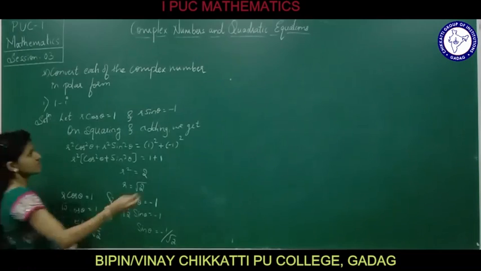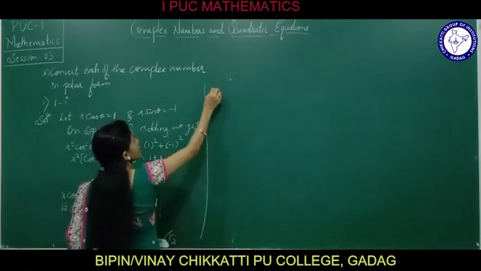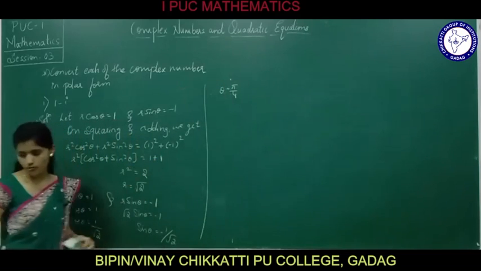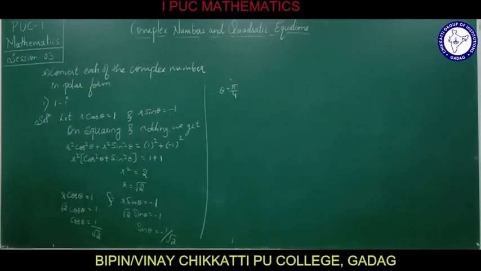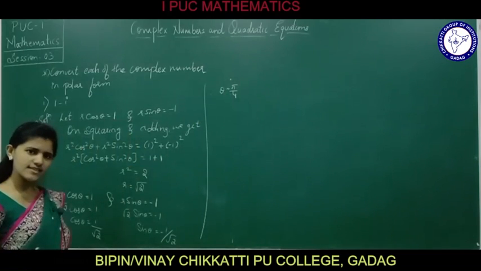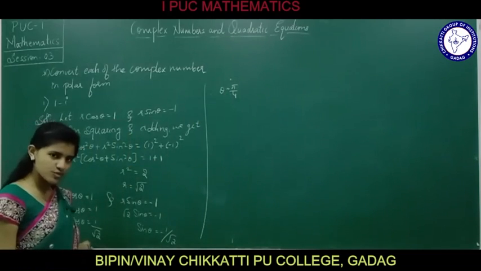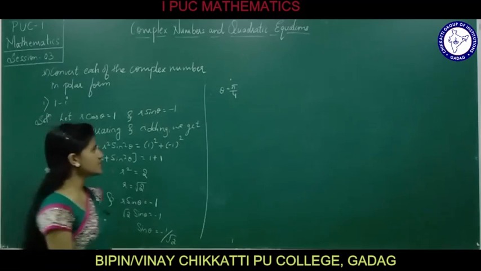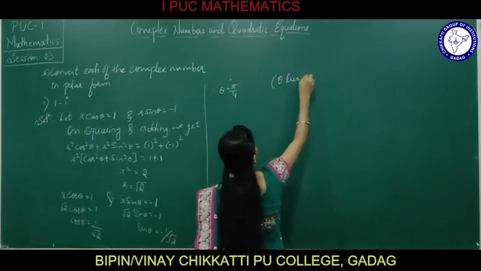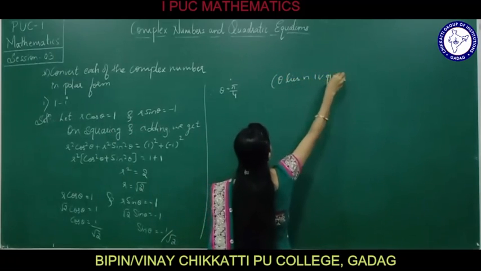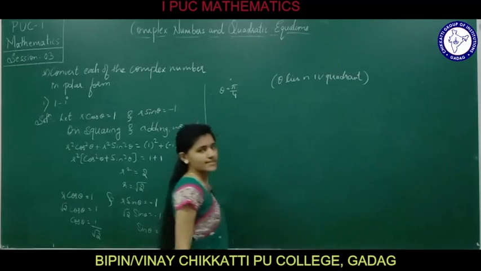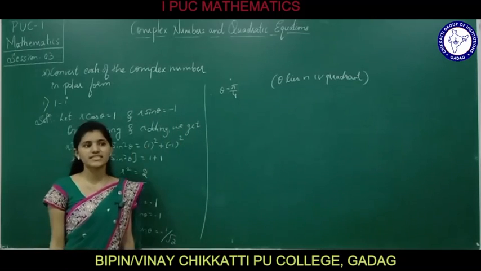Therefore theta is equal to pi by 4. But see, theta lies in the fourth quadrant. Why does it lie in the fourth quadrant? Because x is positive and y is negative. We write theta lies in the fourth quadrant.